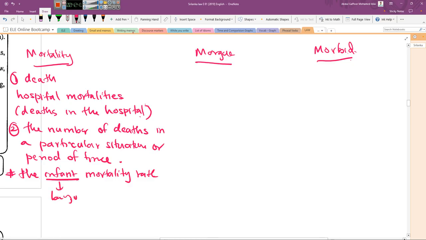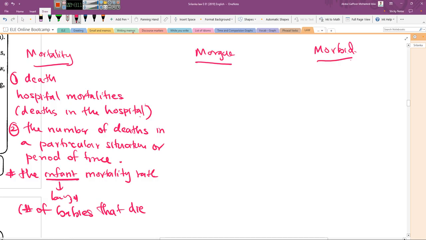So the meaning of infant mortality rate is the number of babies that die at or just after birth.